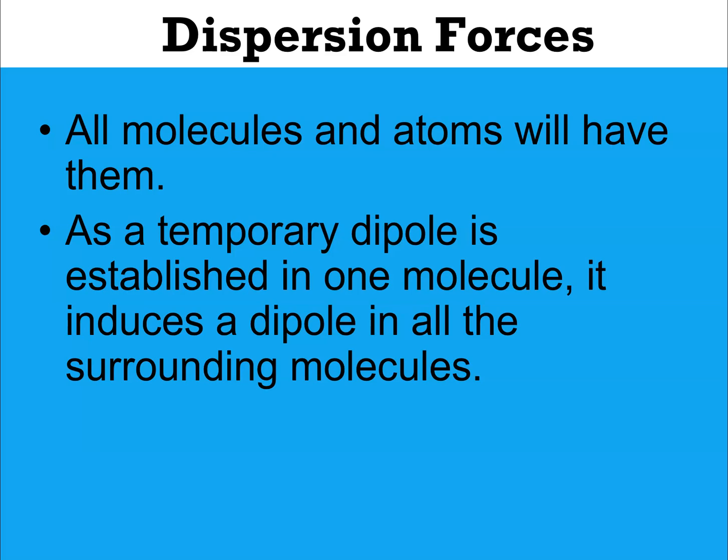So it induces a dipole in another atom or another molecule, creating the attraction. It goes away, it comes back, over and over again. That's why they're very weak forces, but they do actually exist.